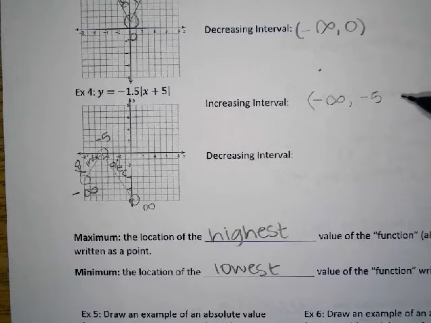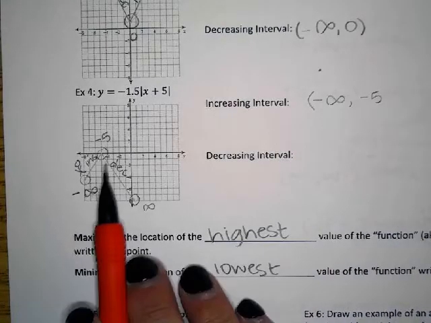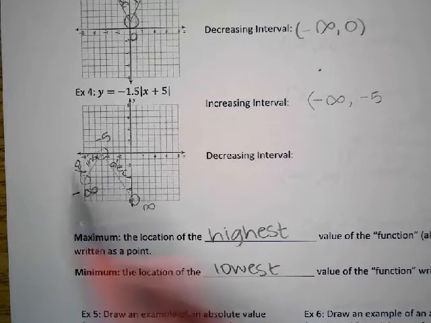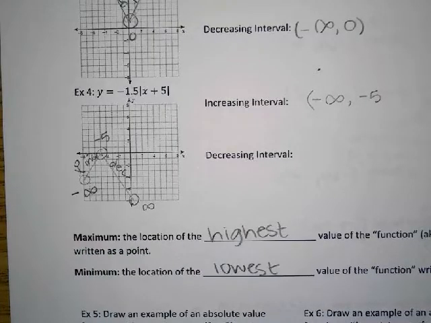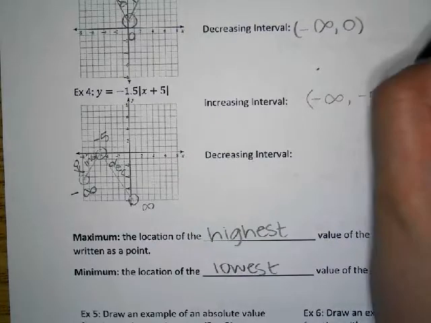The number only gets a bracket if the stick figure is actually walking uphill at that number. When the stick figure is standing right there at the top, is he walking uphill? No. So we're going to do a parenthesis.